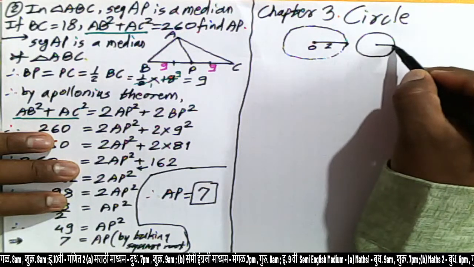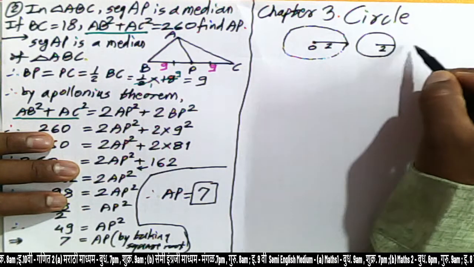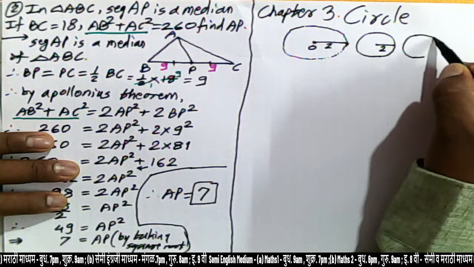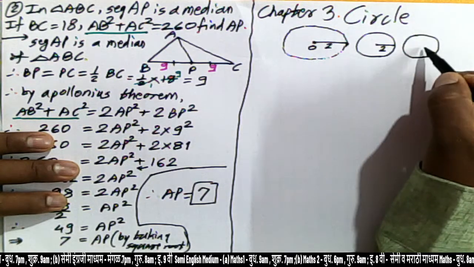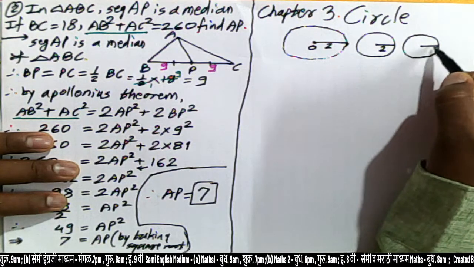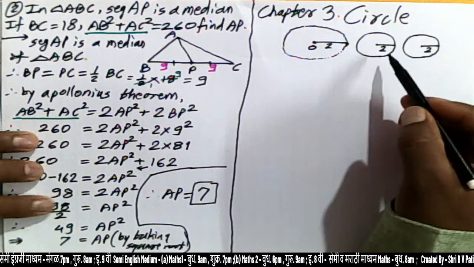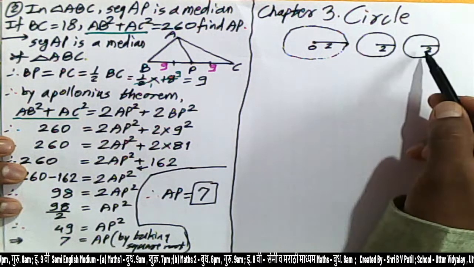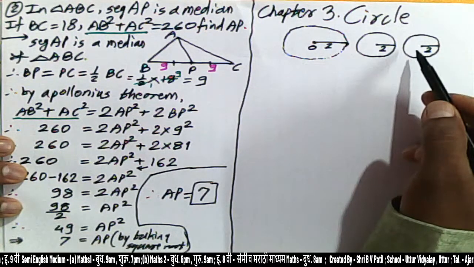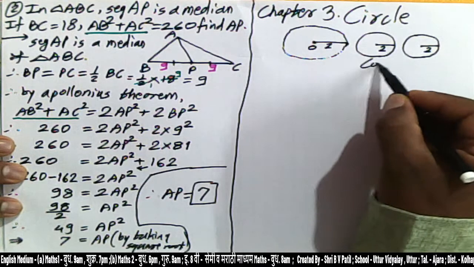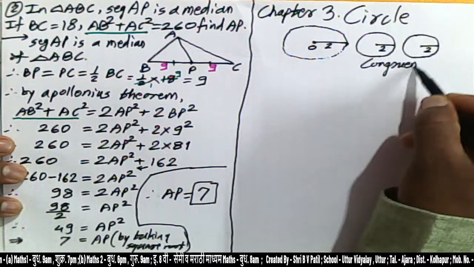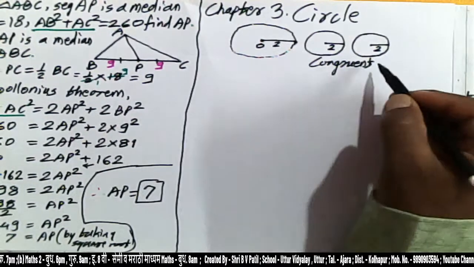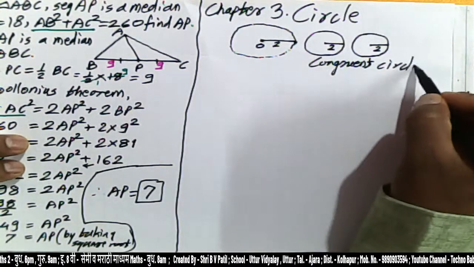Here is one circle, its radius is 2 centimeter, and here another circle, its radius also 2. If two circles have equal radii, then those circles are called congruent circles.